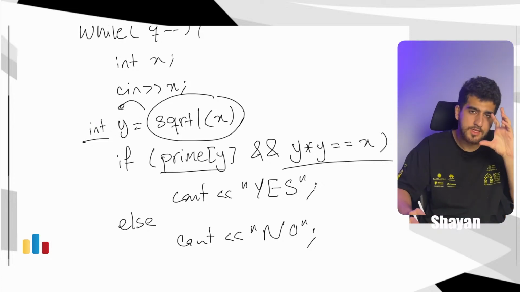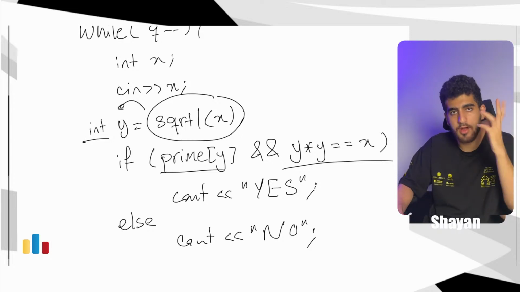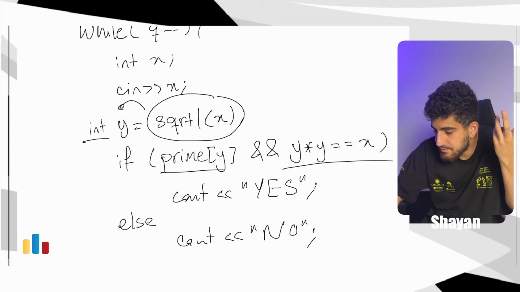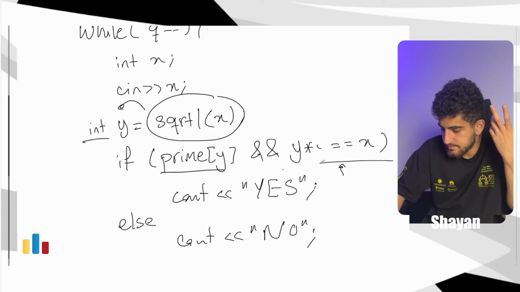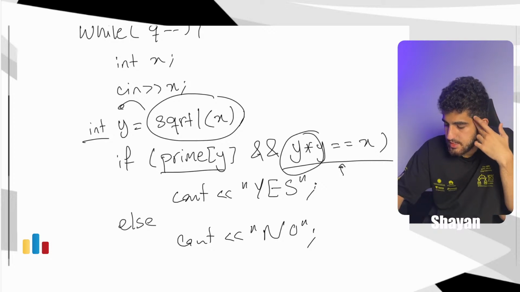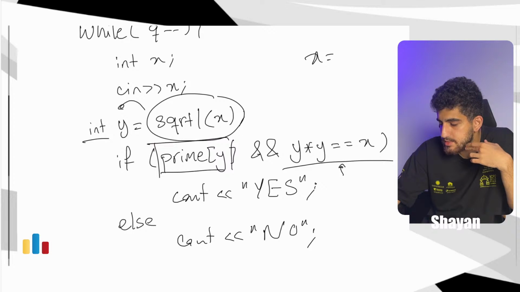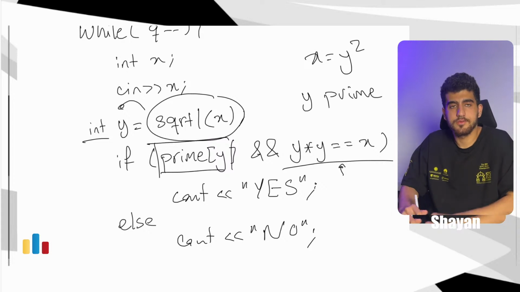It means that the square root of x is around y. If y times y is exactly x, and y is a prime number, then x is y squared where y is prime. So the answer is going to be yes. Otherwise, the answer is going to be no.